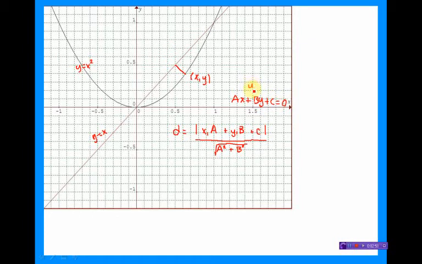Now, of course, our line that we're going to is the line y equals x.